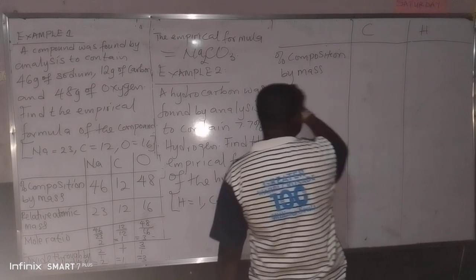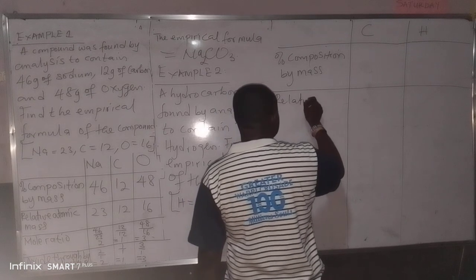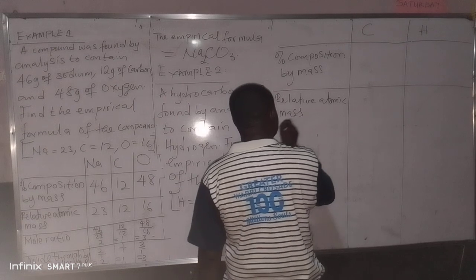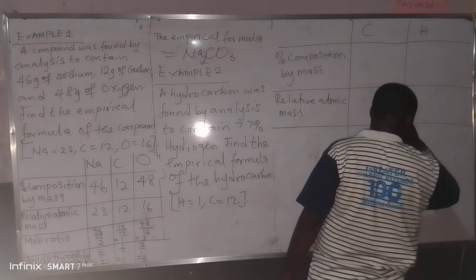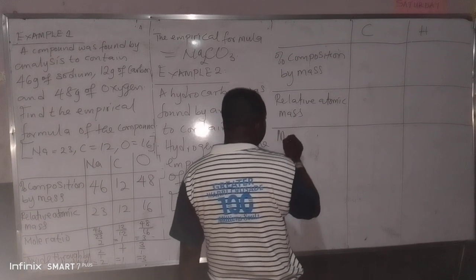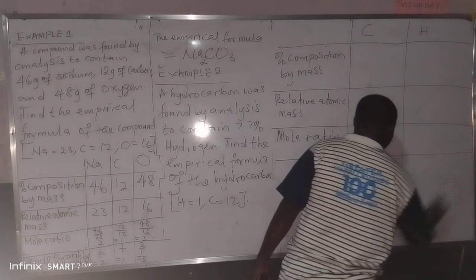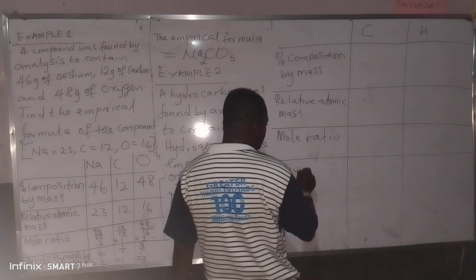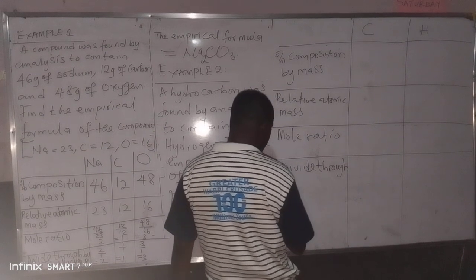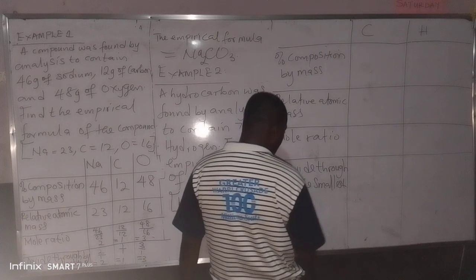Then the next to look at is relative atomic mass. Then we have mole ratio. After that we have divide through by the smallest mole ratio.